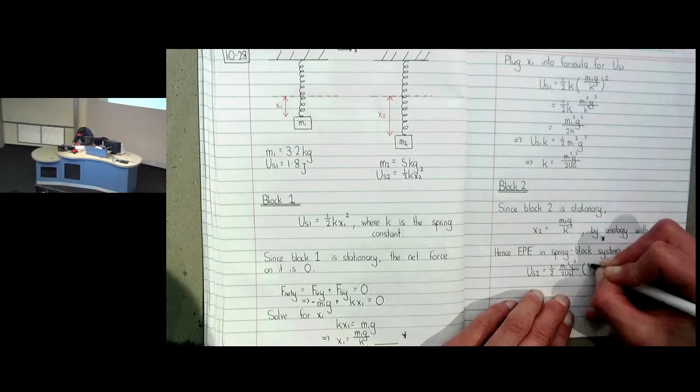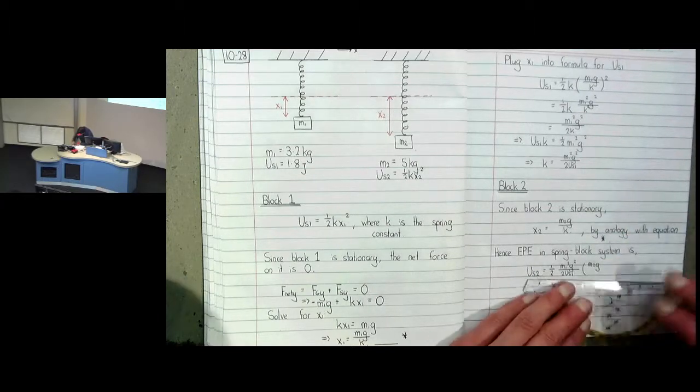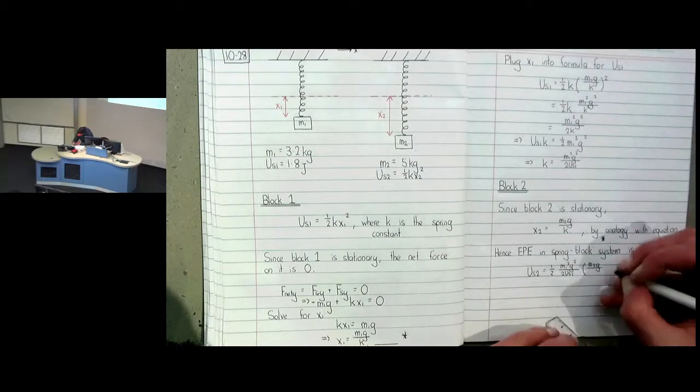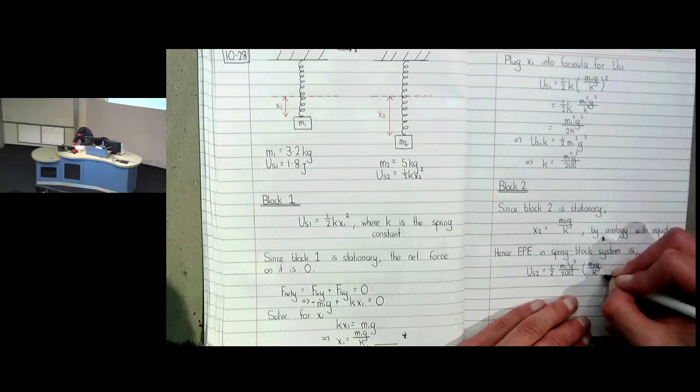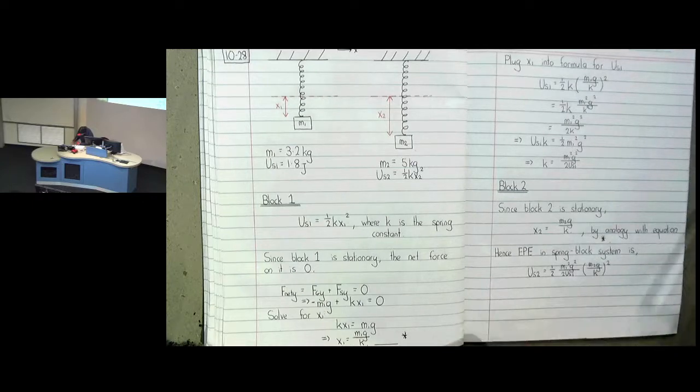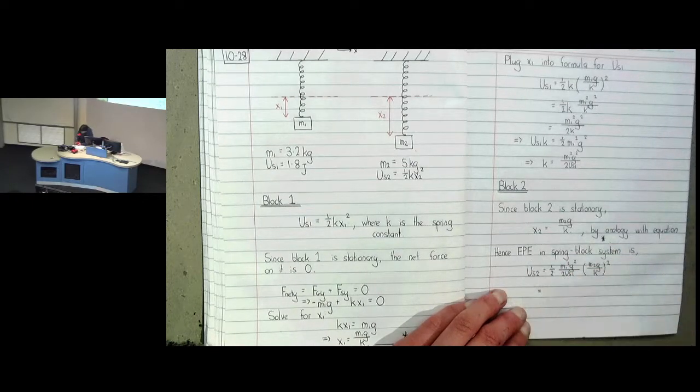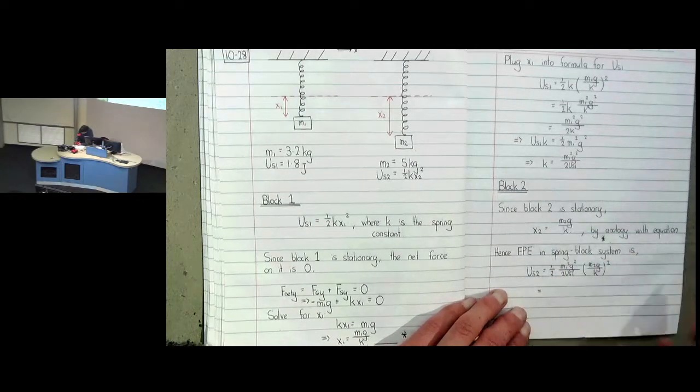So we're going to have M2 G divided by K, squared. So in fact that was silly because I could have just cancelled out K's.